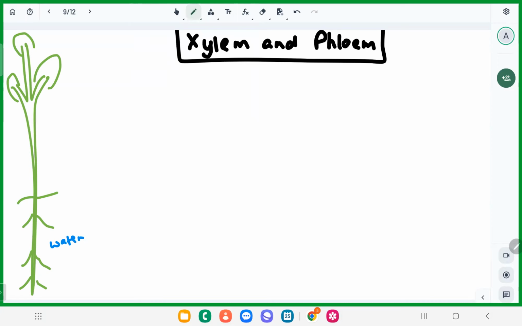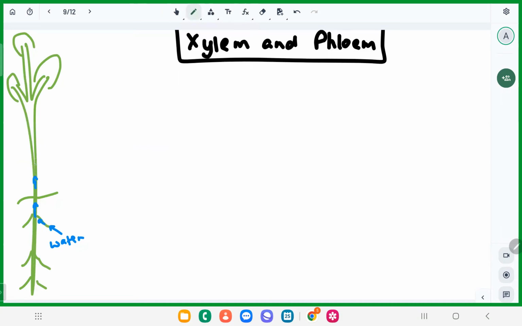So what happens in a plant is the roots of the plant absorb this water. And once the root absorbs water, it needs to be transported throughout the rest of the plant, right? So to transport the water and the mineral ions up the plant, there is a special tissue for this function, which is called the xylem tissue.